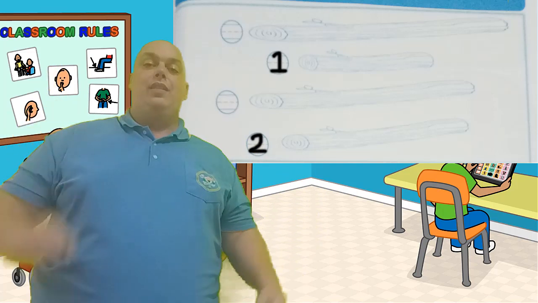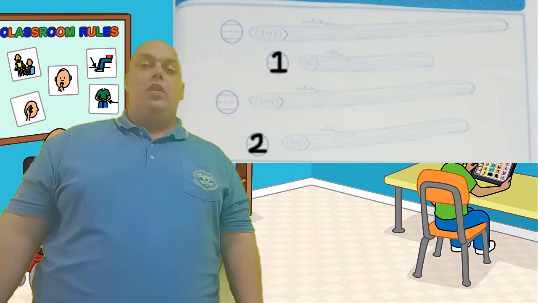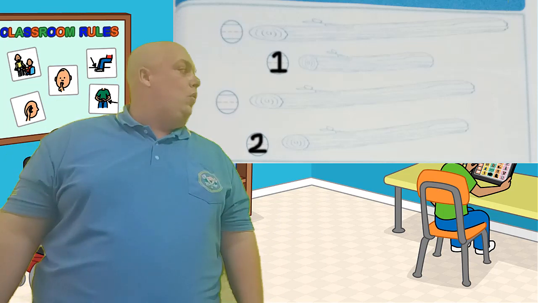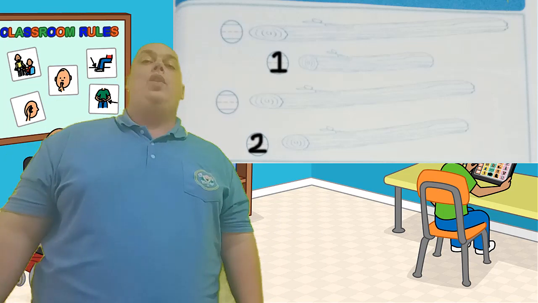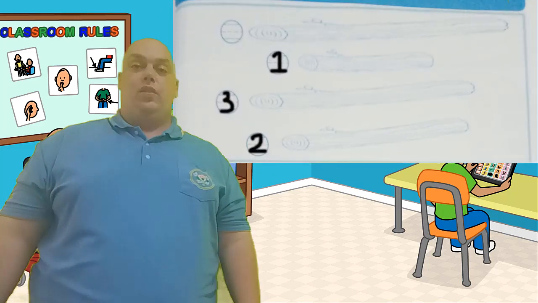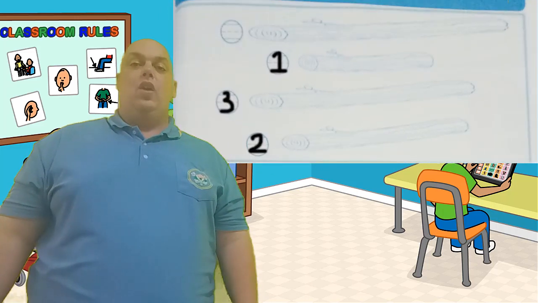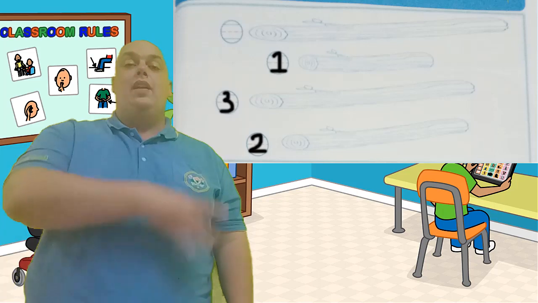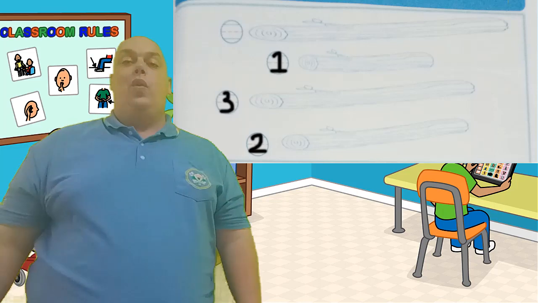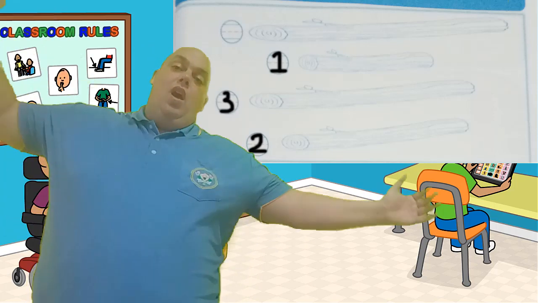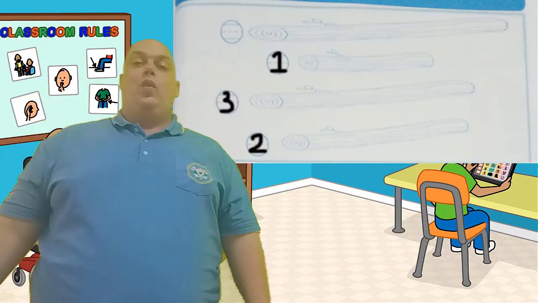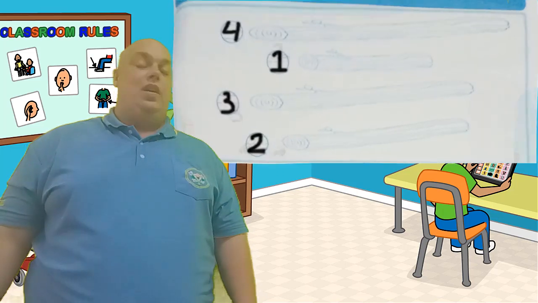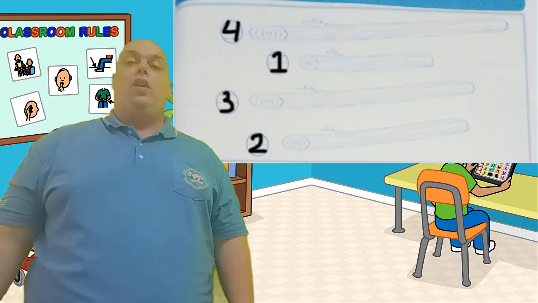So which of these logs is number 3? Oh, yeah, it's that one over there. So let's write number 3. Okay, only one more left. And what number do we write over there? We write number 4, 4 being the longest. Yes, 4 is the longest. So let's write number 4 in front of the longest log.